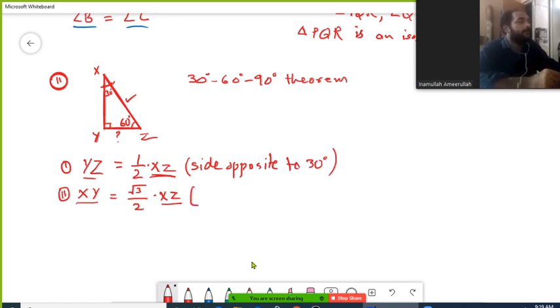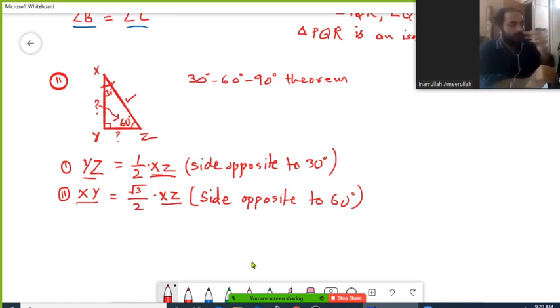Then here XY is root 3 by 2 times of XZ. So XY means this side. So what is the length of this XY? XY is basically the side opposite to 60 degree. That is the reason it is root 3 by 2 times of the hypotenuse. So here you will mention side opposite to 60 degree.